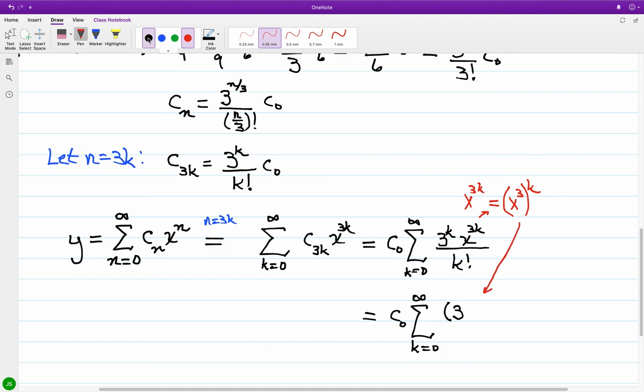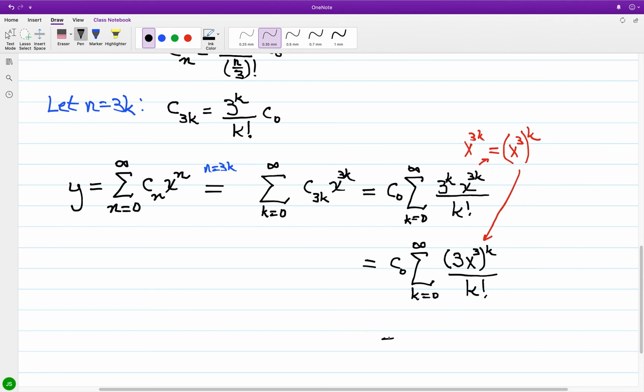So upon condensing, you have c naught times the summation as k goes from 0 to infinity of 3x cubed to the k power over k factorial. And guess what? This is one form of what we have with e to the x, where we have x projected out to 3x cubed. So for the solution, we have a constant times e to the 3x cubed.